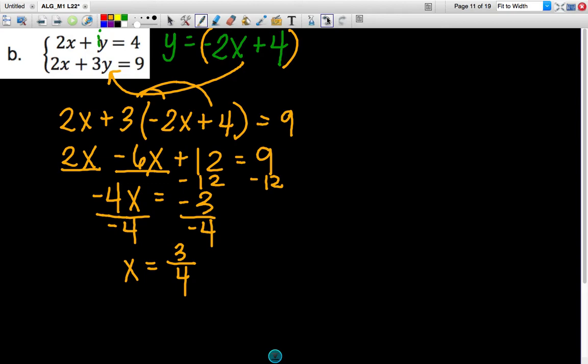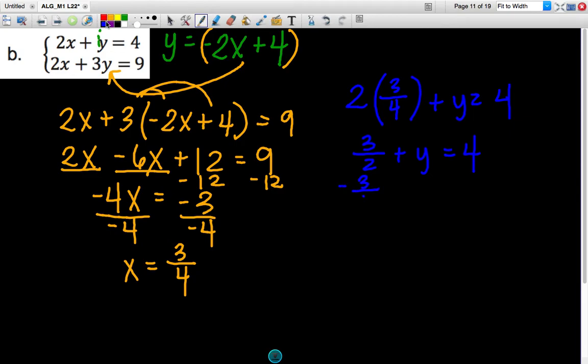Now let's plug in my x value to find my y. Again, it doesn't matter which equation you use. I'm going to use the top one as a habit. So 2 times 3 over 4 plus y equals 4. So 2 times 3/4 would be 6 over 8, which can be reduced to 3 over 2 plus y equals 4.